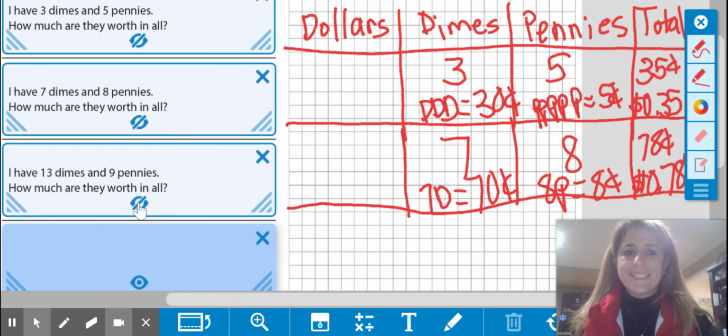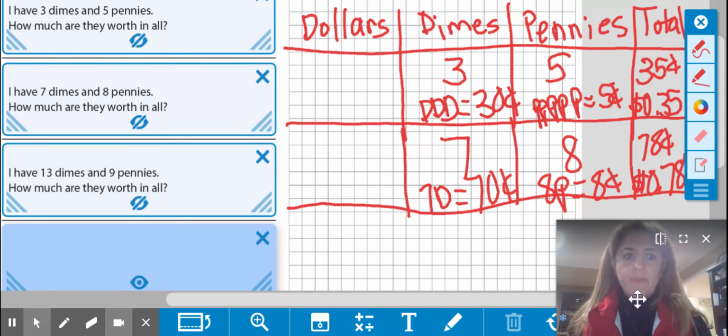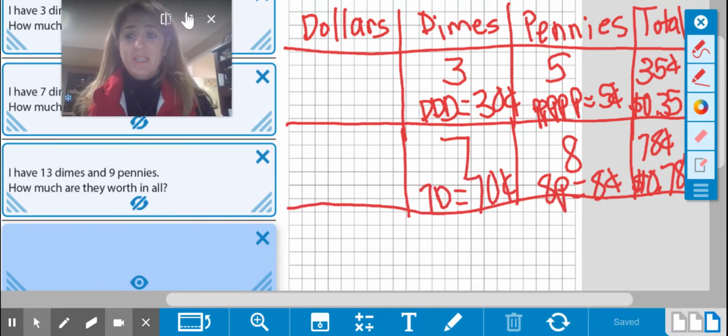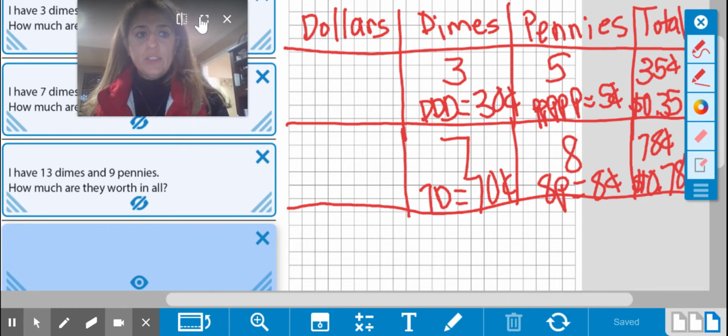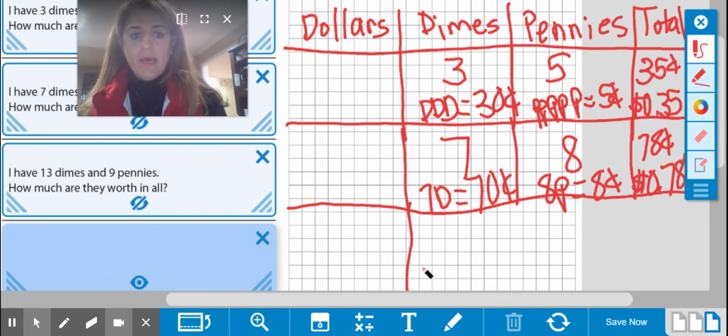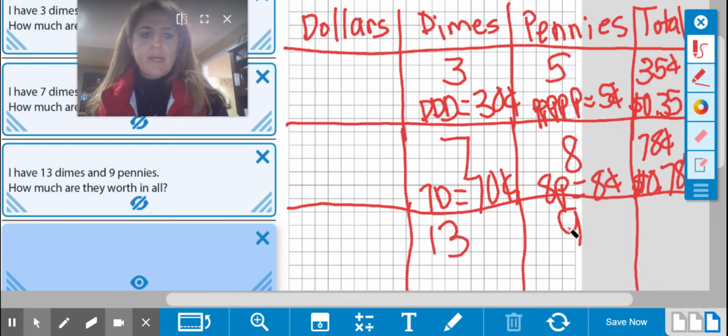The next problem says, I have 13 dimes and 9 pennies. That's a little weird because 13 dimes, but I shall write it. We have 13 dimes and 9 pennies.